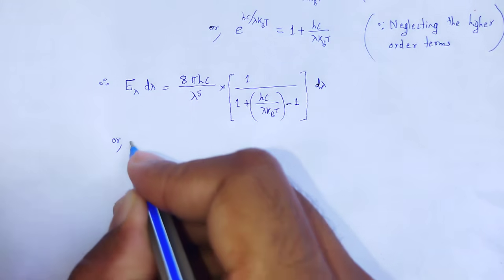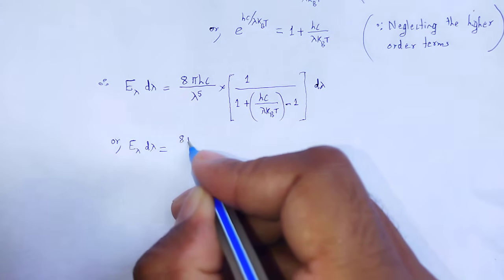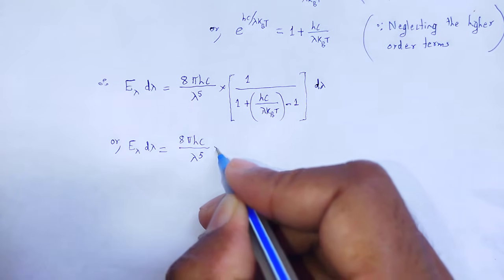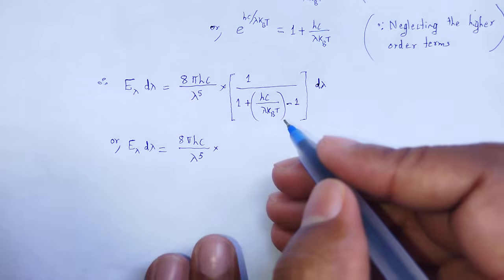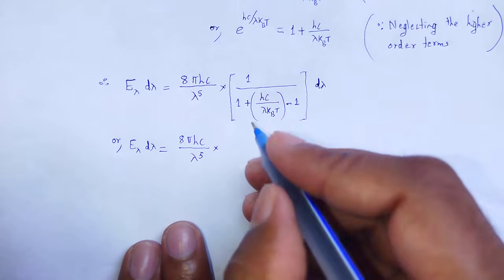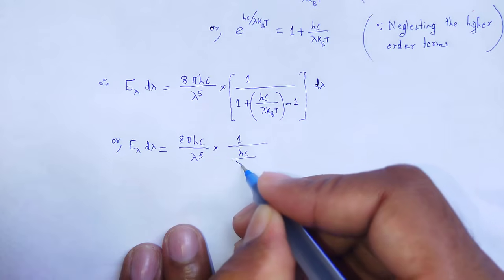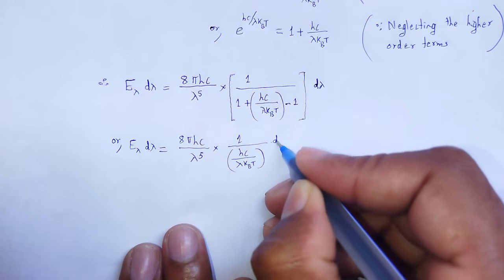Or E lambda d lambda is equal to 8 pi h c divided by lambda to the power fifth into, here 1 cancelled out, plus 1 minus 1, we obtain 1 divided by h c divided by lambda kBT, d lambda.